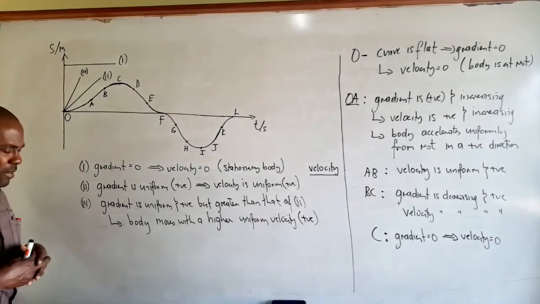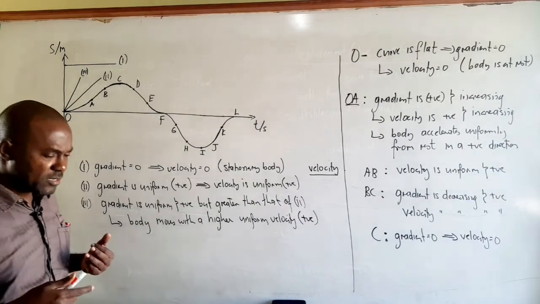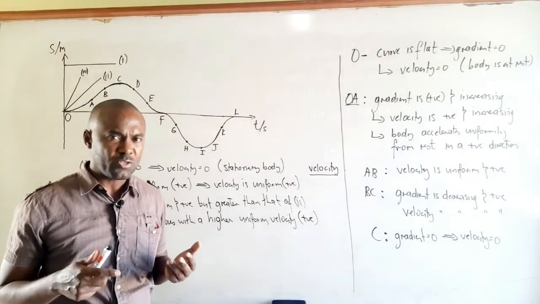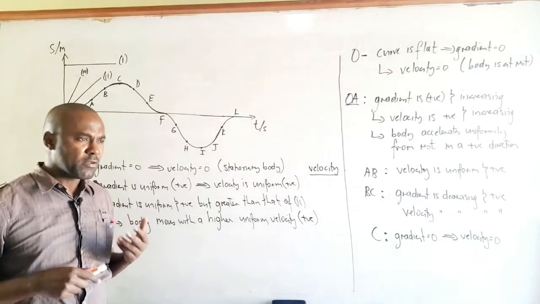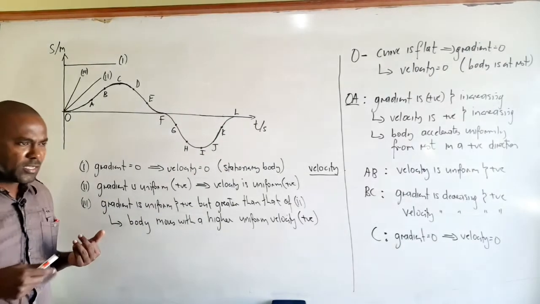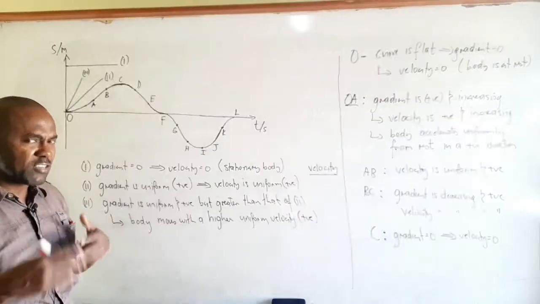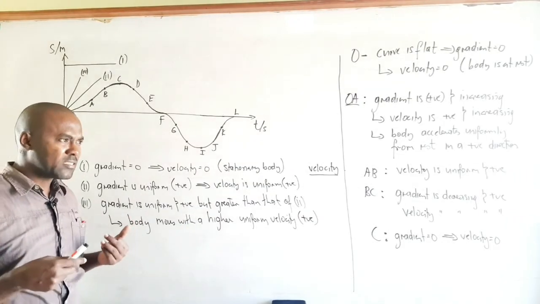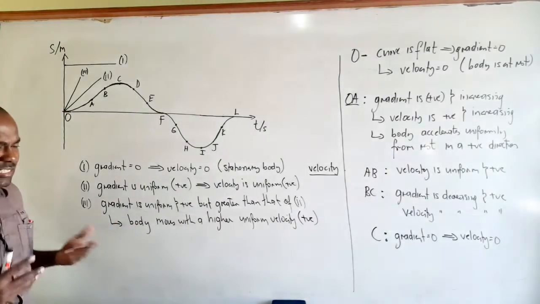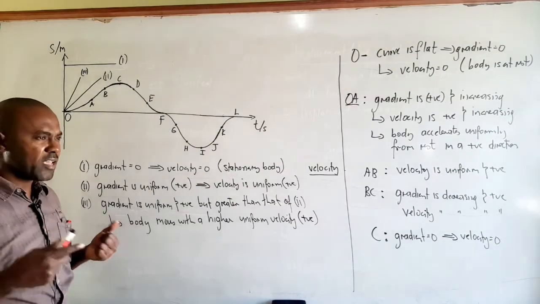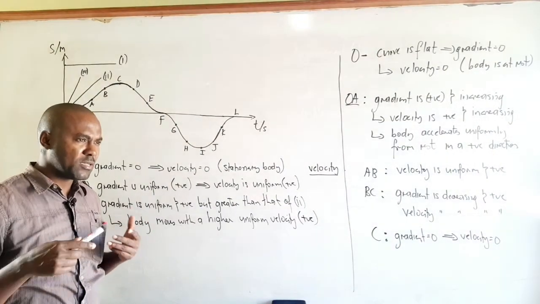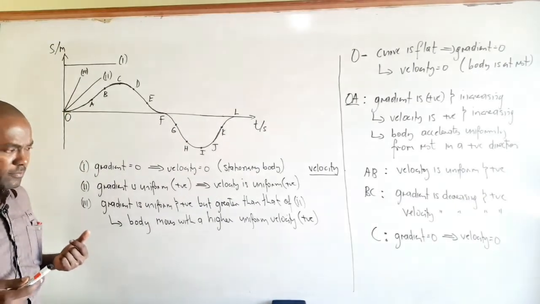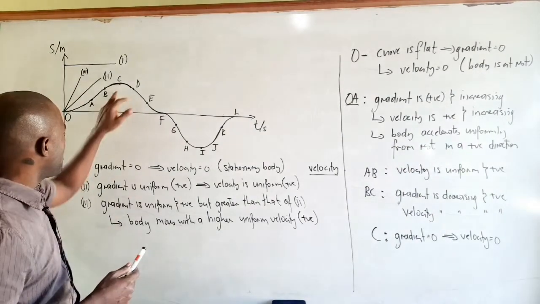However, remember that velocity is a vector quantity, and as such it has both magnitude and direction. And whenever we speak about a negative velocity, it doesn't mean the velocity is actually less than zero. It basically means that the body has a certain speed, but it is now moving in a direction that we consider to be negative, and so on. All right? So let's examine what is happening beyond C.